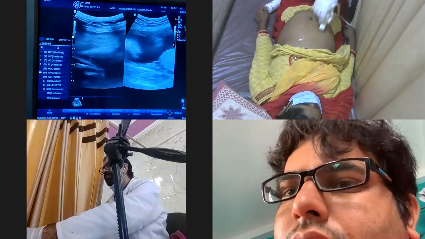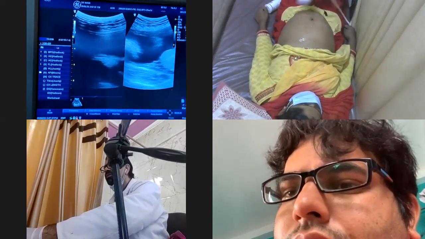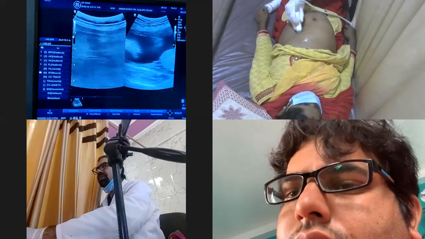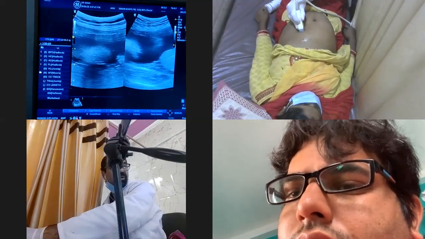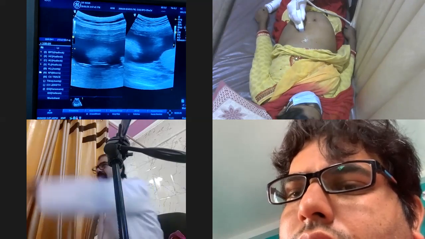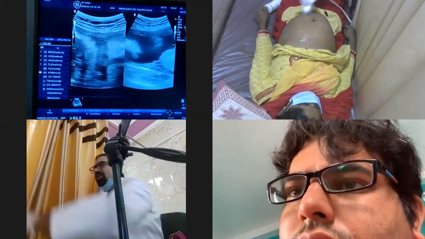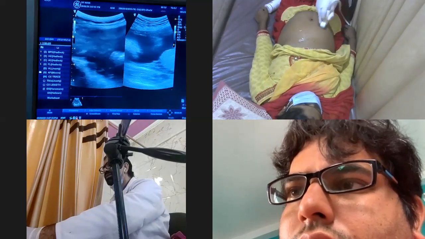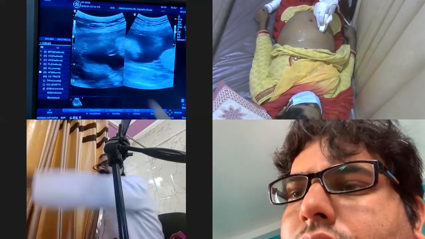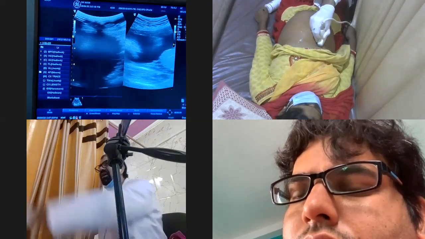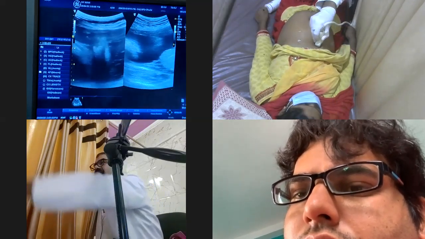So any pocket having more than 50% of the cord will not be taken into account. Then moving up. Now see, keeping the probe as perpendicular as possible. Now see, this is the pocket. Here I am getting a small pocket over here, and there is another pocket over here, and over here I am not seeing any pocket.